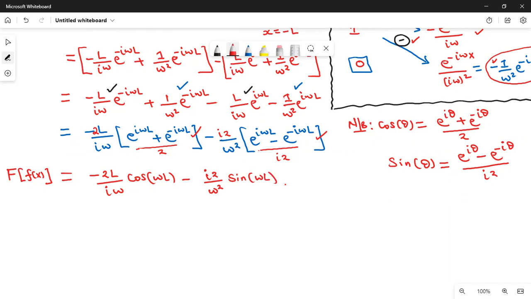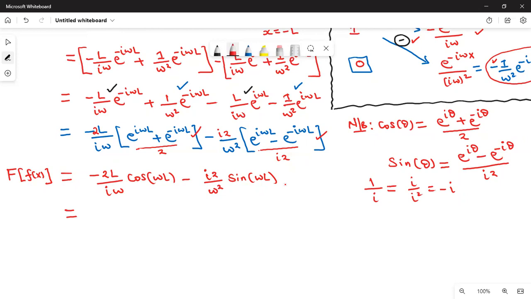You see, I can take this i up so that what should we get? This can be, remember, 1 over i is the same as i over i squared, which is negative i. So this thing you can write as negative 2L over omega times negative i.